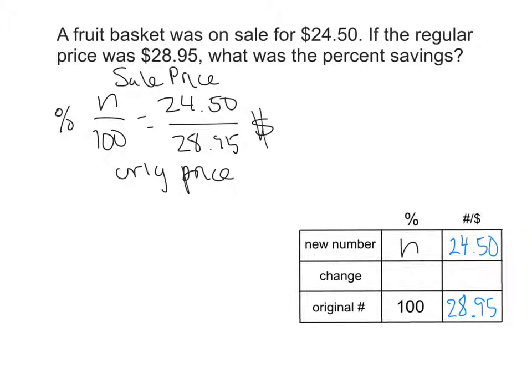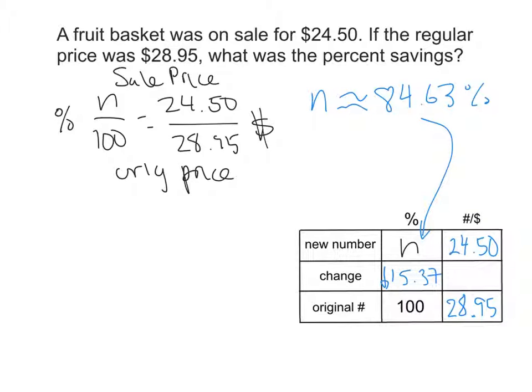If you solve this proportion, you wind up getting that N is approximately 84.63%, which means that what you found is the new number on the percent side. Now, subtracting that from 100 should tell you what percent you went down, and if you do that subtraction, you should get approximately 15.37%, and that is a decrease.